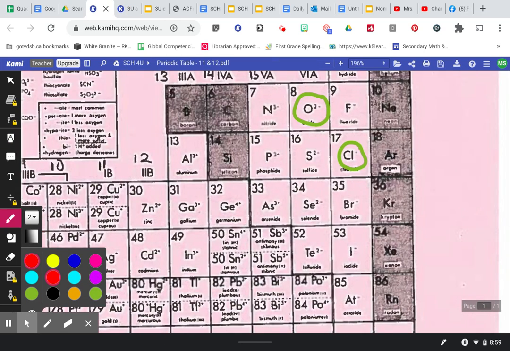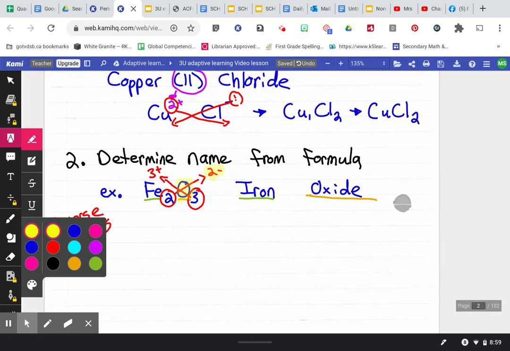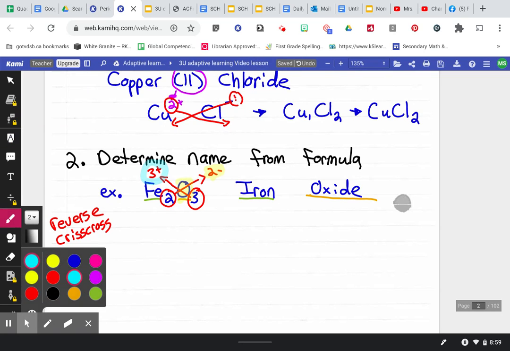So oxygen is showing our 2 minus charge here. So this means because our iron has a 3 plus here, this becomes iron 3 oxide. We're going to do one more example.